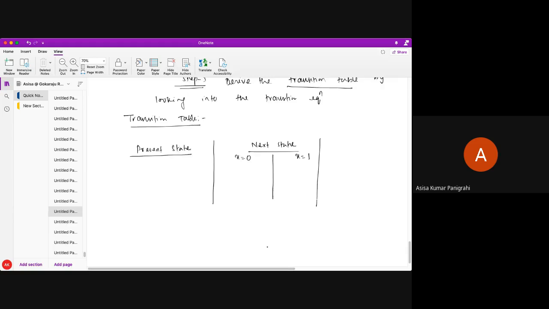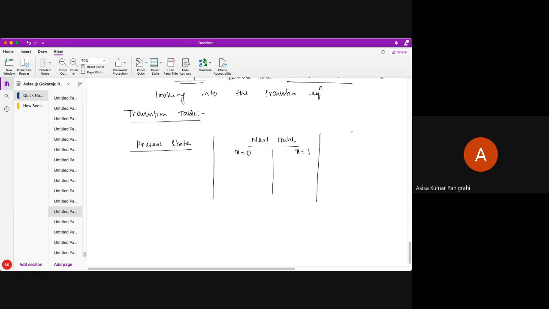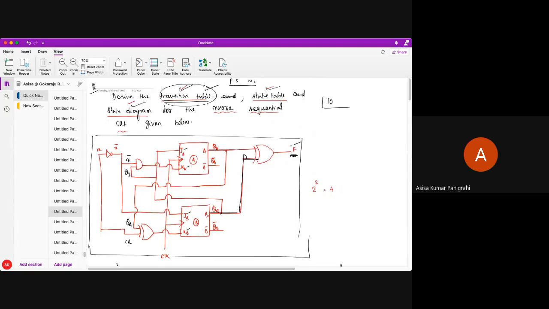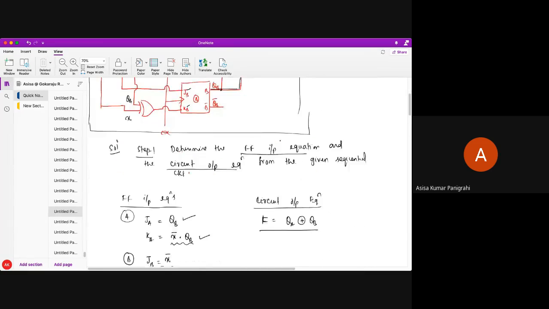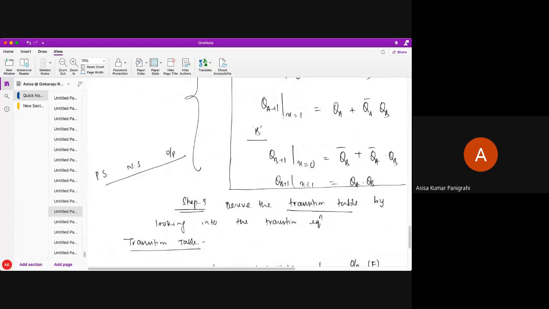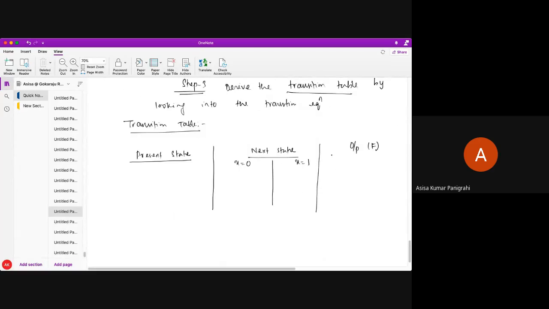Similarly, output. The output will be my F. In this question, output is F, and F is nothing else but QA XOR QB. So I know that my output will be QA XOR QB. So these are the things in the transition table.